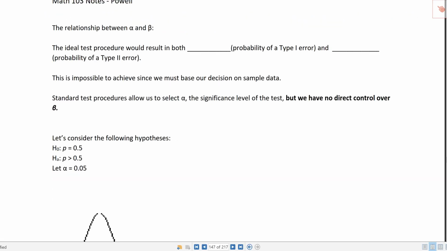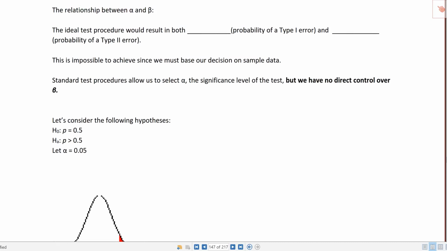Okay. So how about this? Let's look at alpha and beta. So the ideal test procedure would result in both alpha, the probability of a type 1 error, and beta, the probability of a type 2 error, being 0. So alpha equals 0 and beta equals 0.